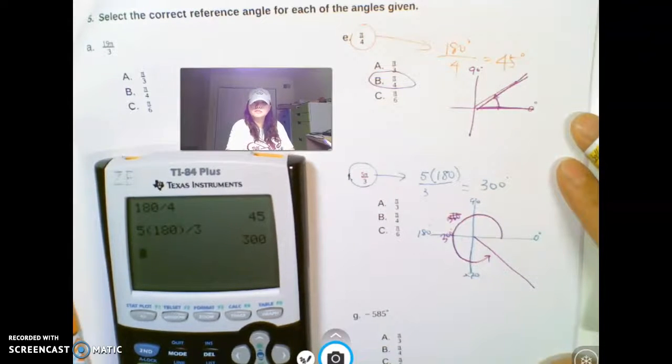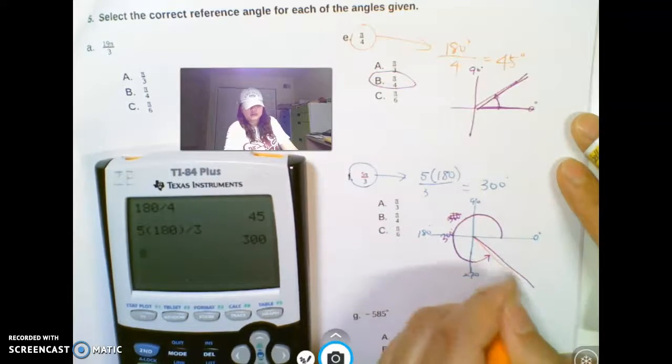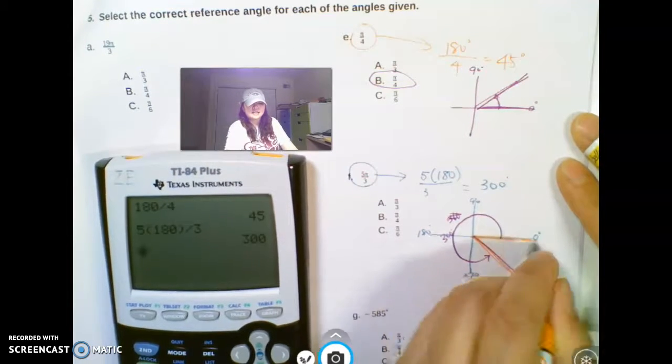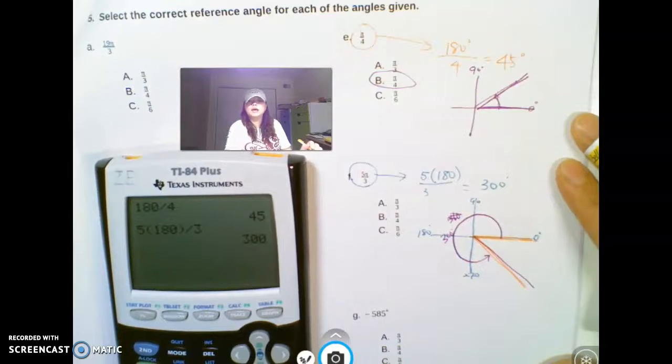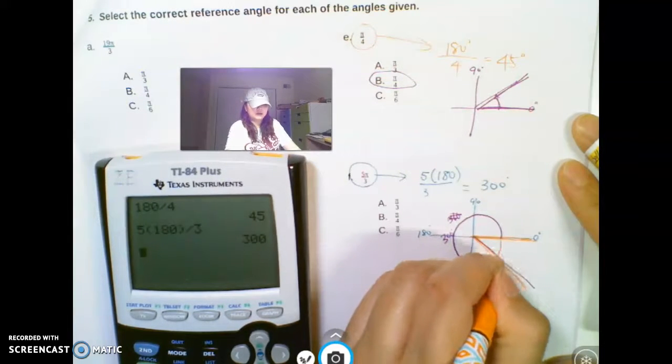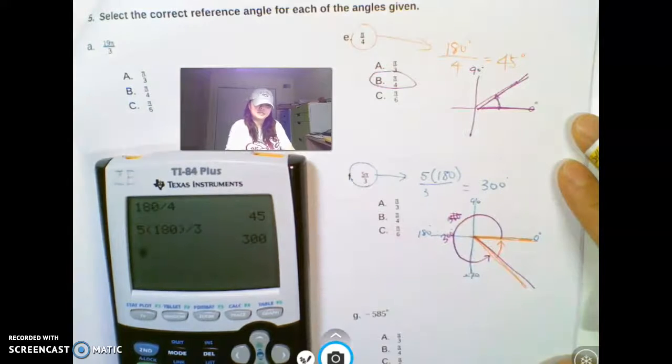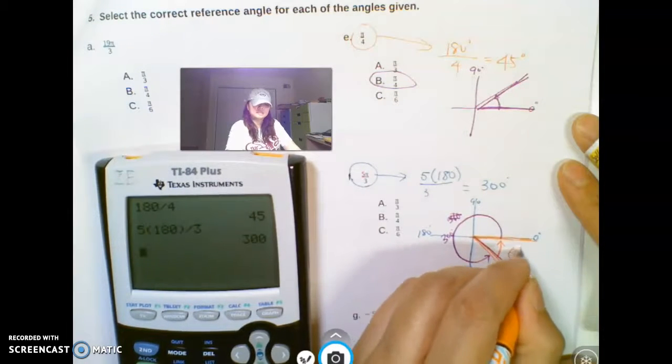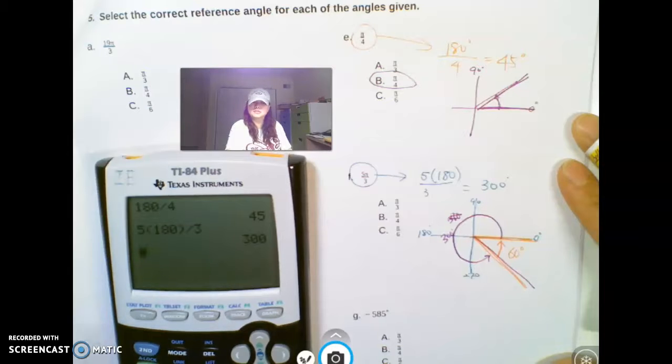So what is the reference angle? We are making an angle with the terminal side and the x-axis, but it must be an acute angle. So right there is the reference angle. We're missing 60 to make the whole circle, so it's 60 degrees.